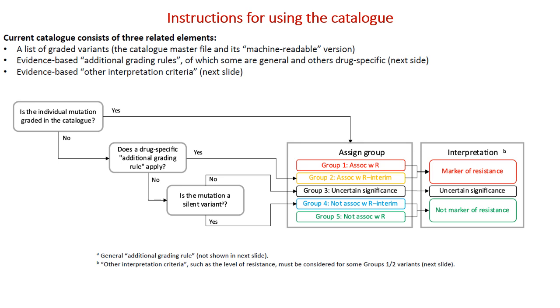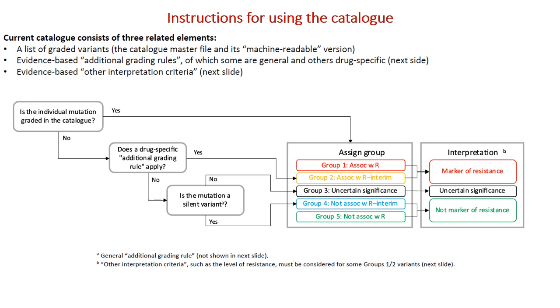Here are simple instructions for using the catalog. Basically, the catalog consists of 3 related elements: a list of graded variants, then evidence-based additional grading rules, of which some are general and others drug-specific, and evidence-based other interpretation criteria.